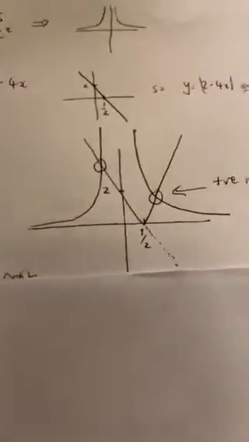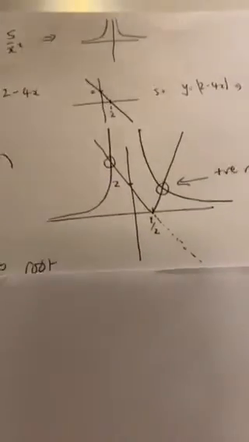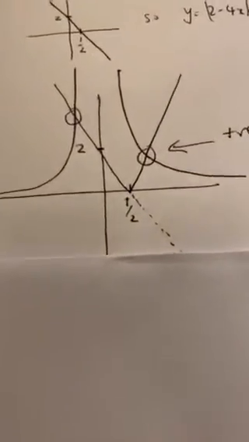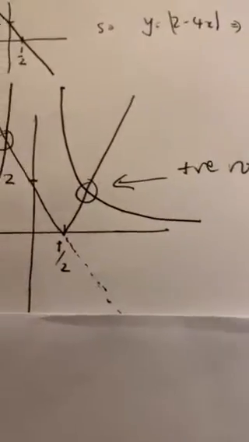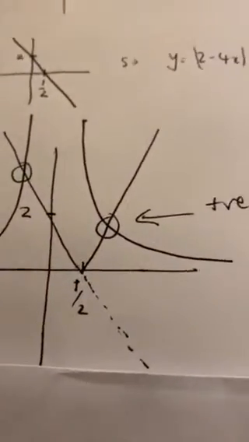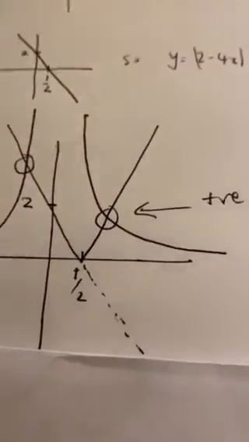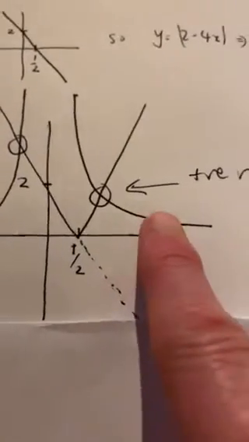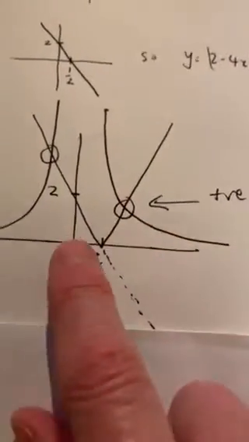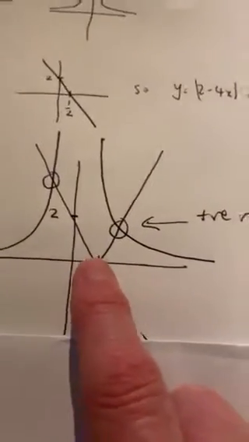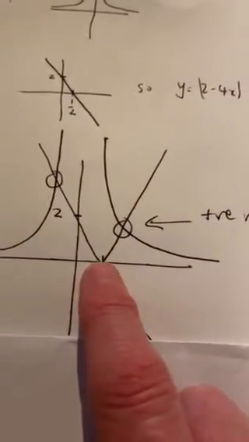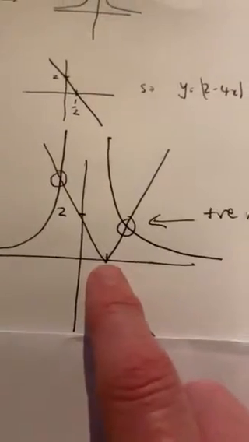Right, the part that we're looking at now, part 2, is you're talking about the positive root. Now the positive root, that's the positive root that I've marked there, is where the graph of y equals 5 minus x squared, which is that curve, meets the reflected bit of y equals 2 minus 4x.